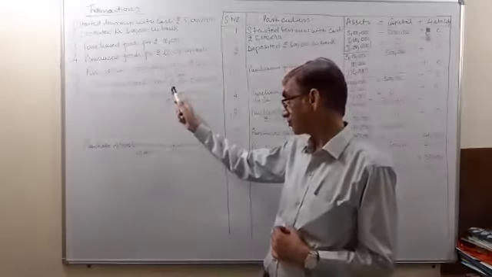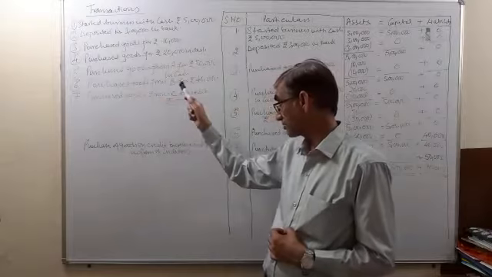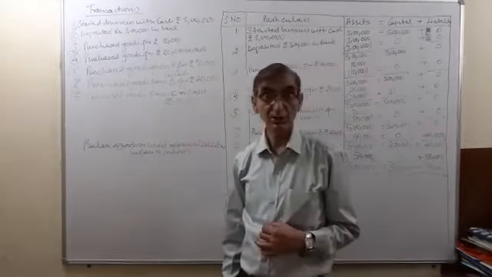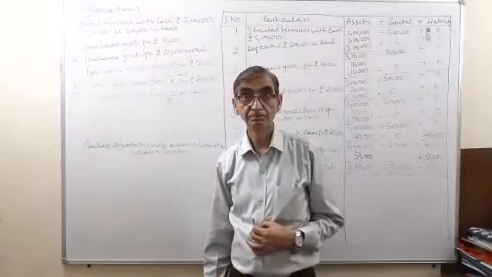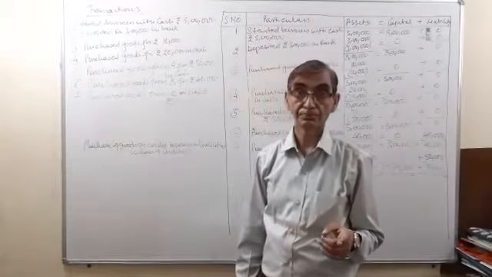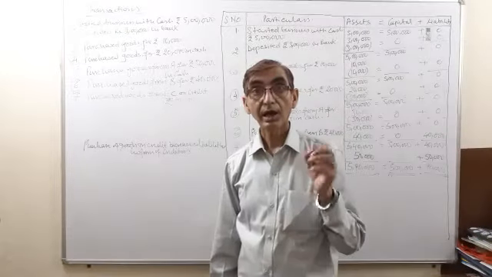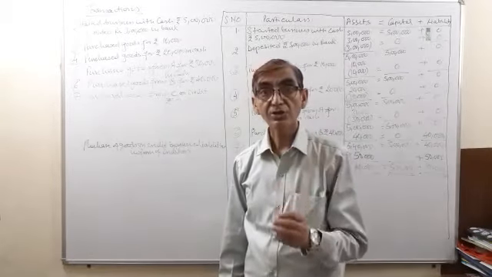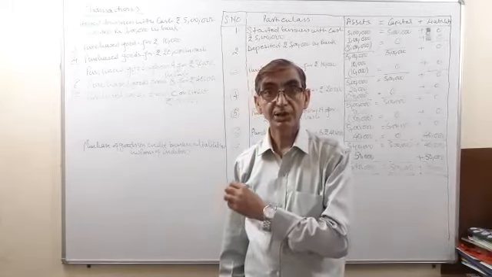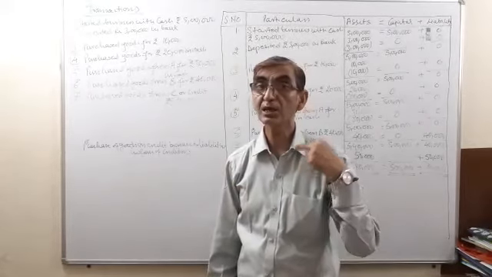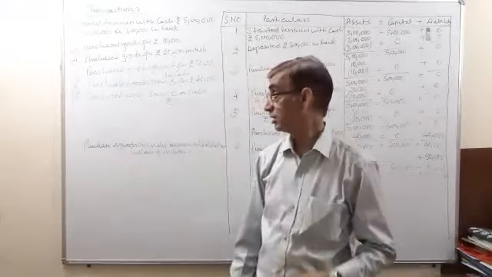Only the name of the person from whom the goods have been purchased is mentioned and the amount of the goods has been mentioned. So whenever the name of the person is given and cash or credit transaction is not mentioned, it will be assumed to be a credit transaction.